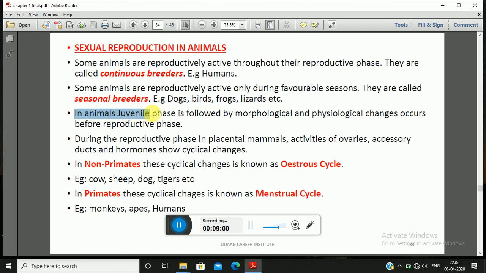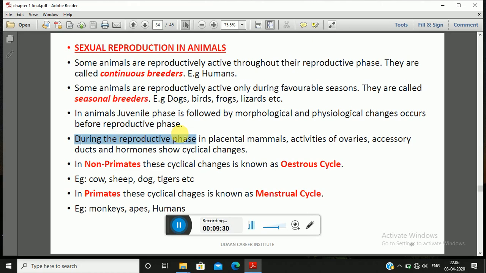In animals, the juvenile phase is followed by morphological and physiological changes that occur before the reproductive phase. So once the juvenile phase is completed and before the reproductive phase starts, there are morphological changes and some internal physiological changes that take place within the body of the animal.